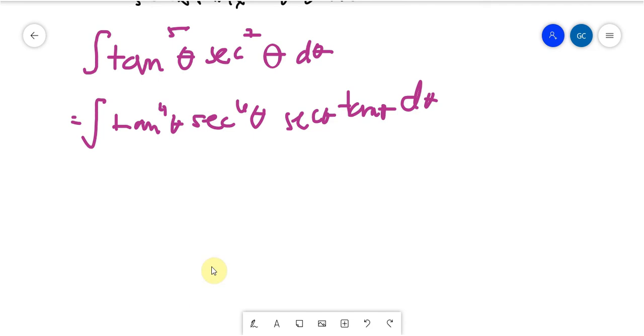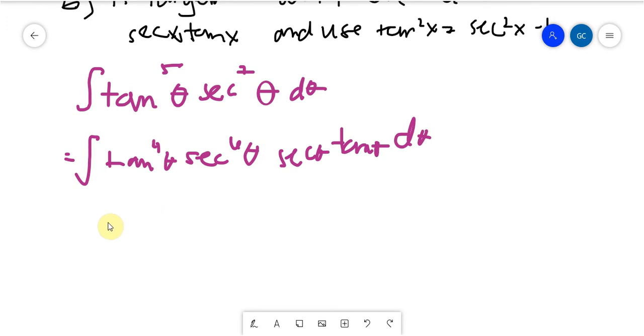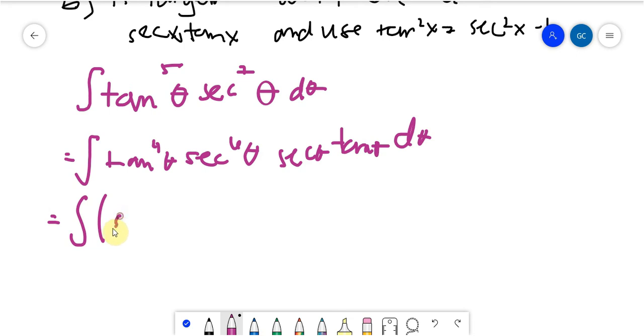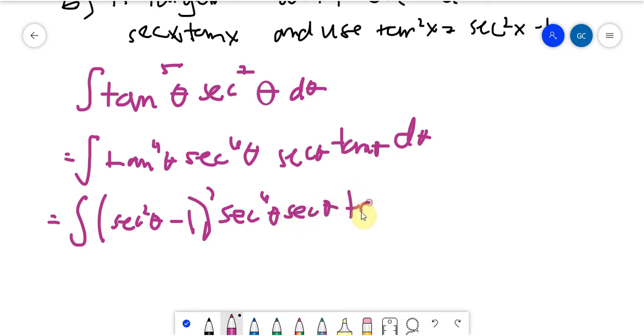Okay, and then we know that tangent squared is equal to secant squared theta minus 1. So this is secant squared theta minus 1, squared, because it says tangent to the 4th theta. So it's the same thing, times secant to the 6th theta times secant theta tangent theta d theta.